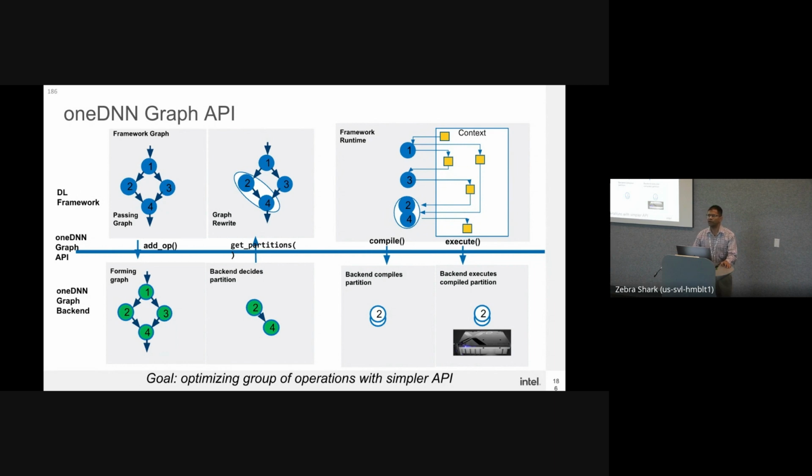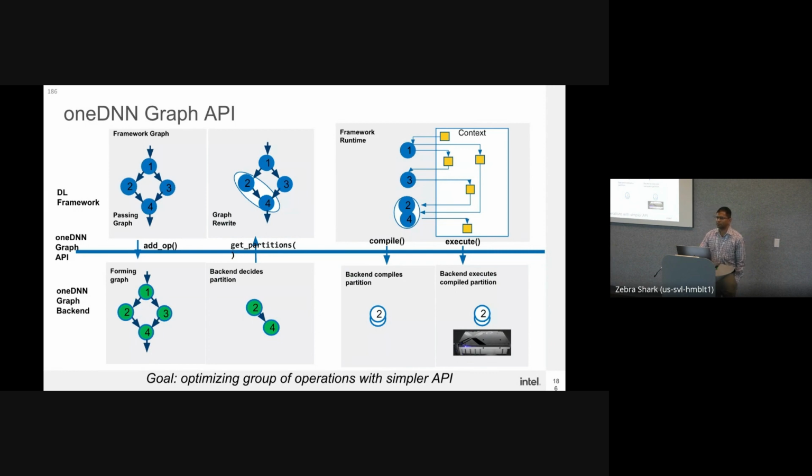Then the graph backend will compute some partitions. Each partition is basically a group of operations that can have optimized code generation. You can see in the figure that operations 2 and 4 are in a single partition, while operations 1 and 3 are in different partitions.